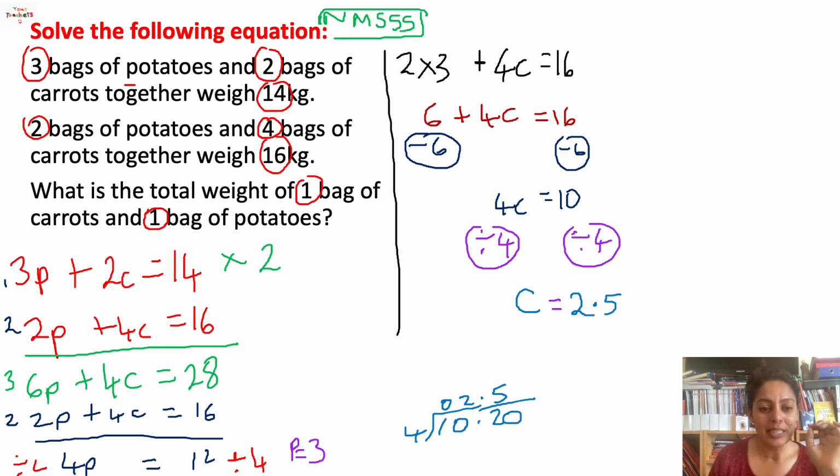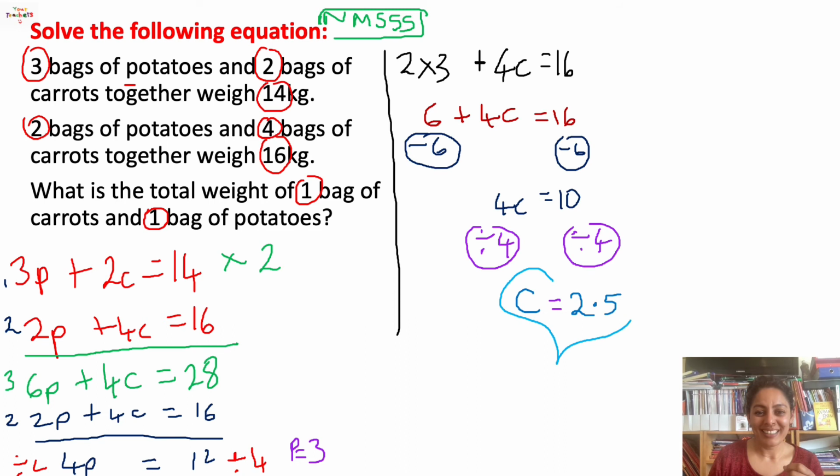Now I can rub this out. And let's now put this into action and see if it works. You're going to cross your fingers. So we've got P equals 3 and C equals 2.5. This is a real tester, folks. Are we going to do this? Let's try it with number 1, shall we? So number 1 here was 3p plus 2c equals 14.